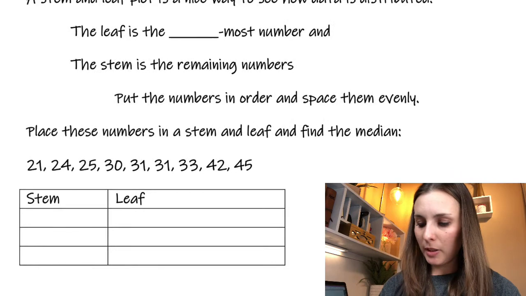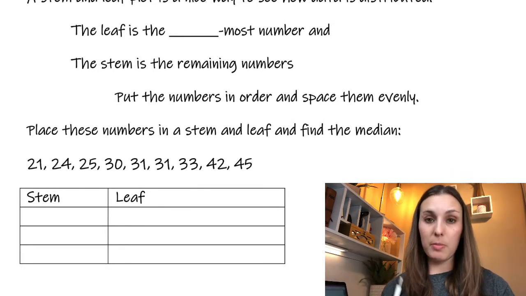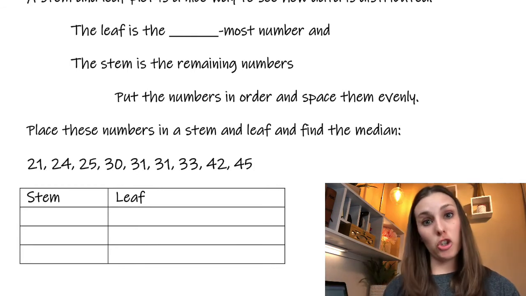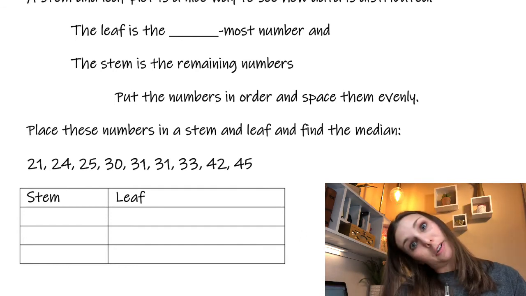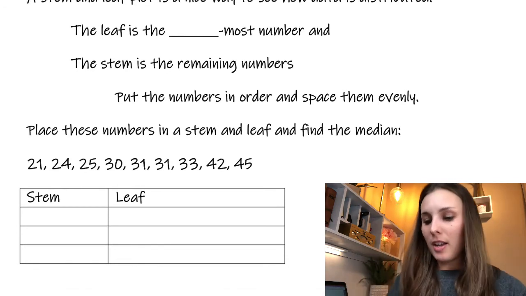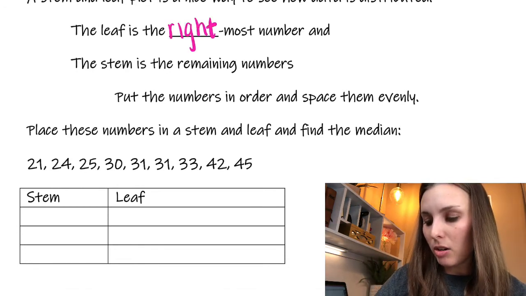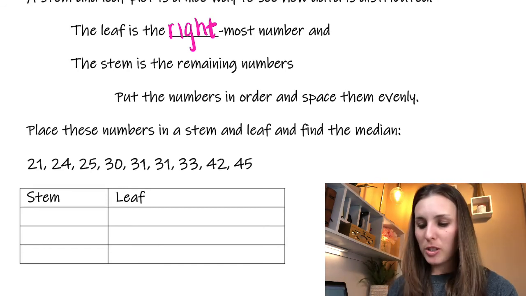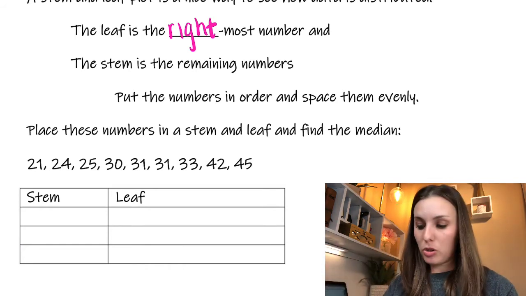I've talked about stem and leaf in my mean video, not mean like you're mean to me, but mean like average. A stem and leaf plot is a nice way to see how data is distributed, so like the shape of it. In the last video, you can tilt your head to the side and trace the shape of it. The leaf is the right-most number, and the stem is the remaining numbers.